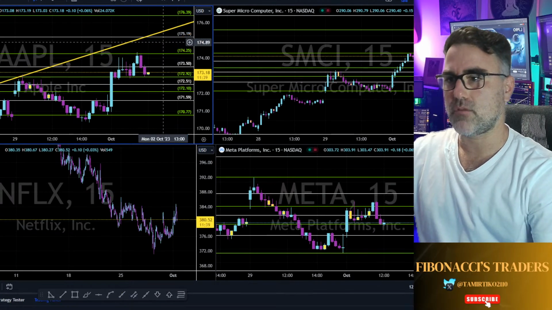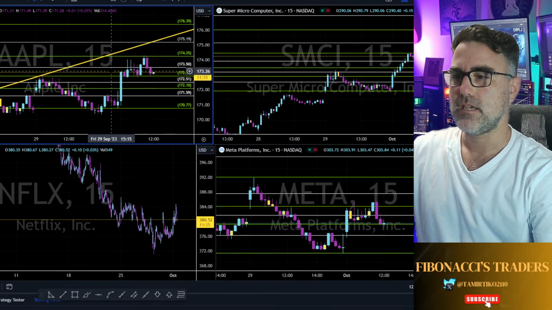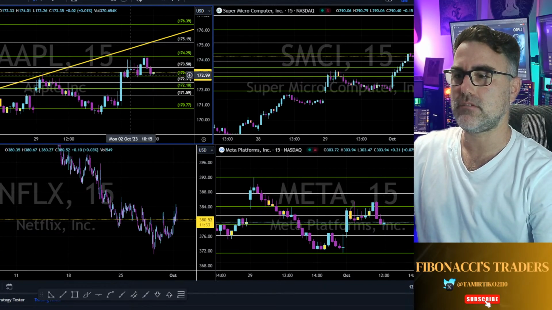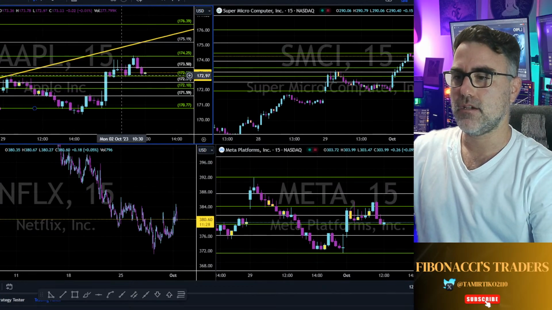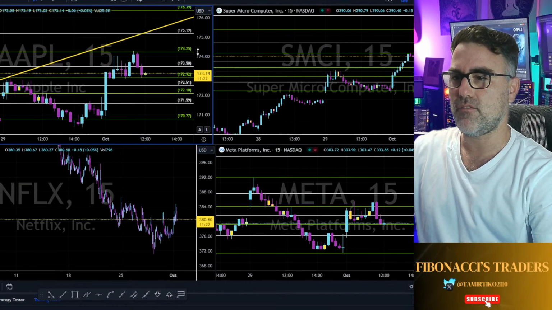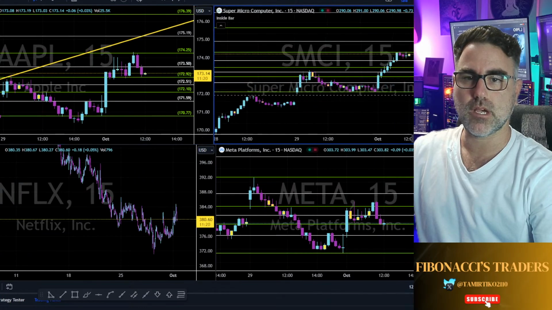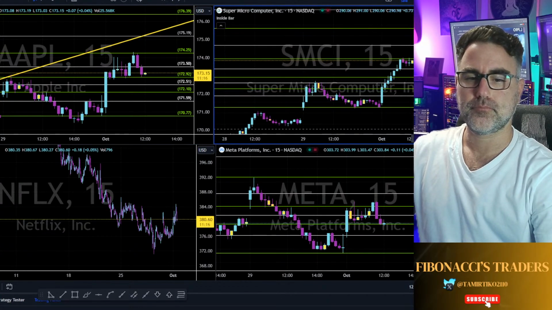Above this yellow trend line, we are heading towards the 175. But for now, inside candle, sideways move on Apple. As you can see, very tight price action since the second 15 minute candle, basically moving sideways between the 172.92 and 174.25. We are in sit and wait state.